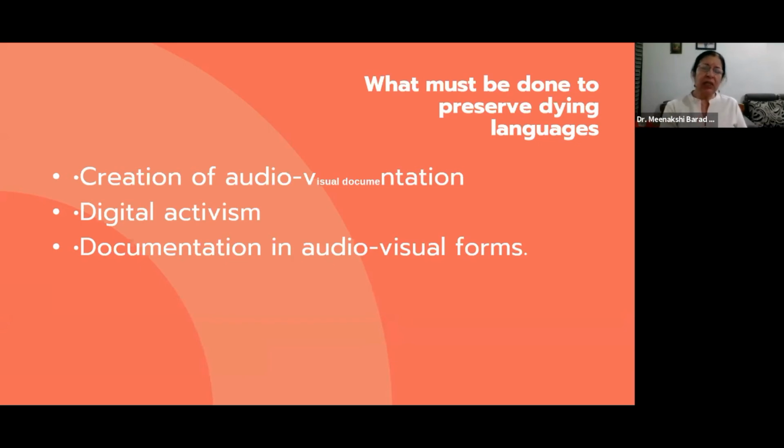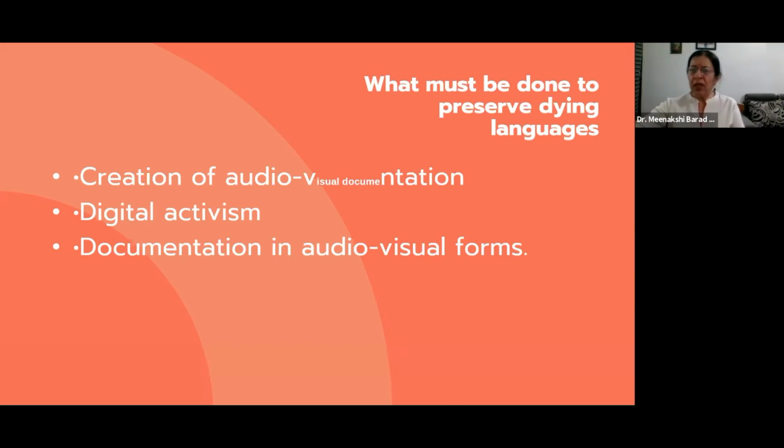There are a few vital things that must be done to preserve dying languages. The creation of audiovisual documentation of some of the most important sociocultural aspects of the language, such as storytelling, folk literature, oral literature, and history, can be a start. And there are languages that are dying, which need digital activism to grow educational and accessibility tools.